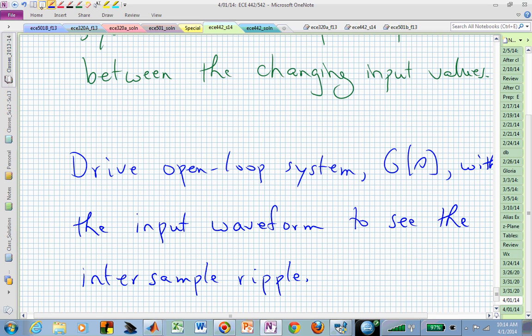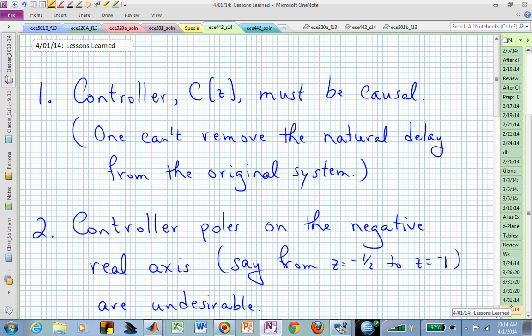What I would like you to take away, or the lessons that we've learned from this example or this excursion into the direct design method of Ragazzini, are the following. We've learned that the controller needs to be causal, which means we can't remove the natural delay from the original system.